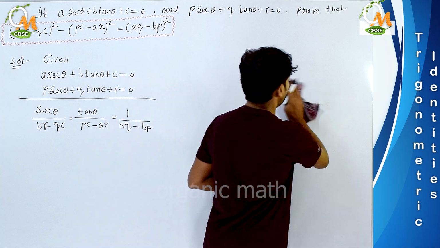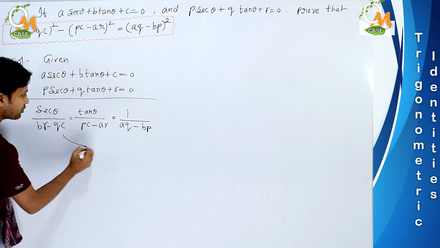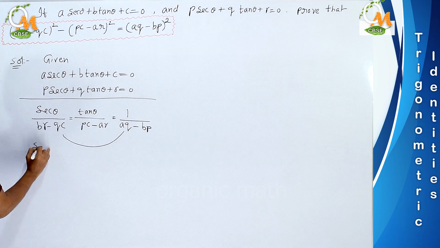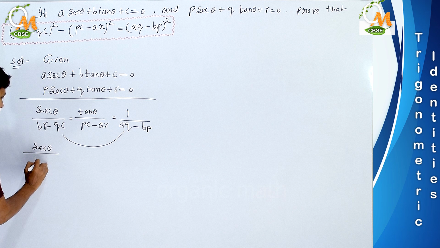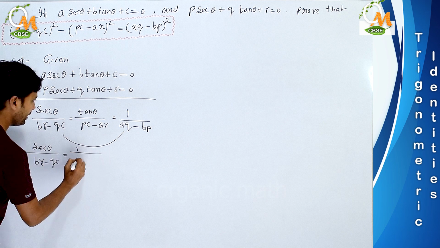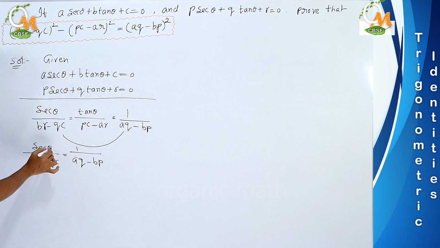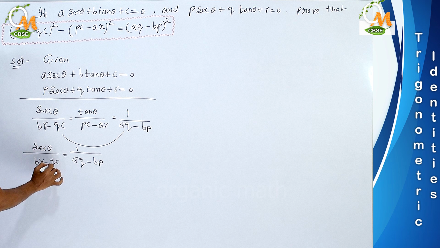Using that, we can make these two equal: secant theta by BR minus QC equal to 1 by AQ minus BP. Now we want to find the value of secant theta, so you shift this to this side.